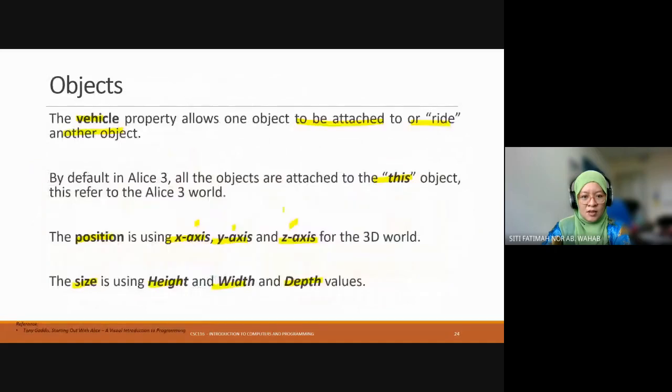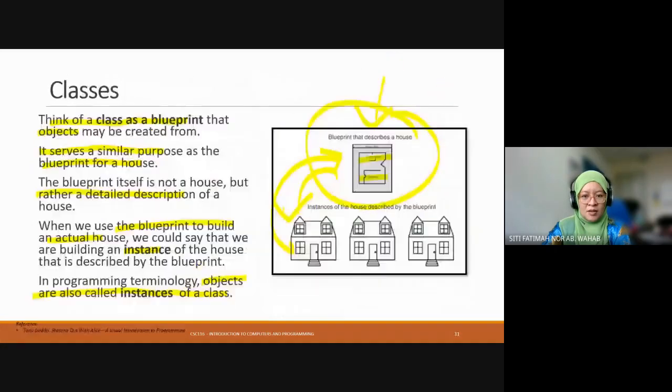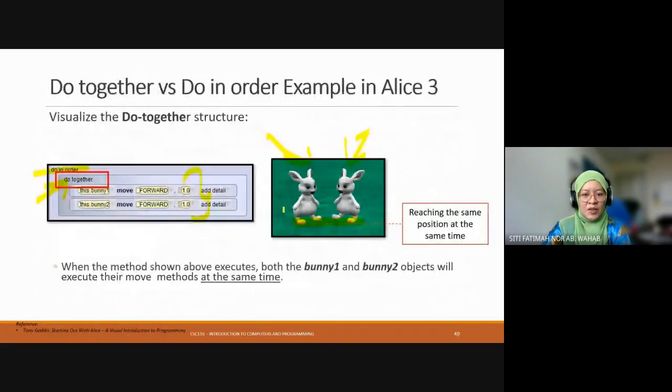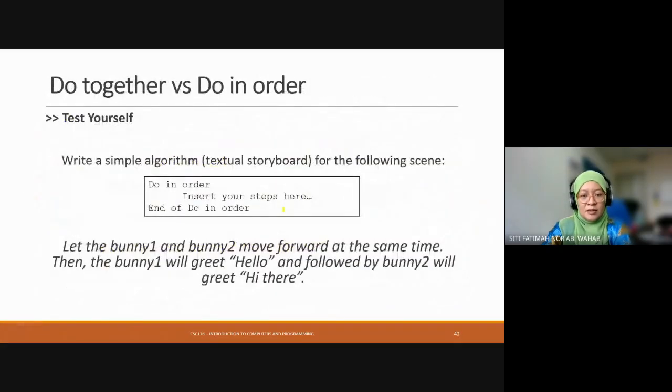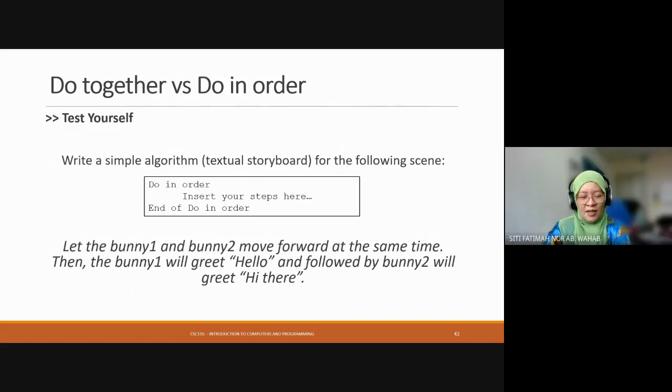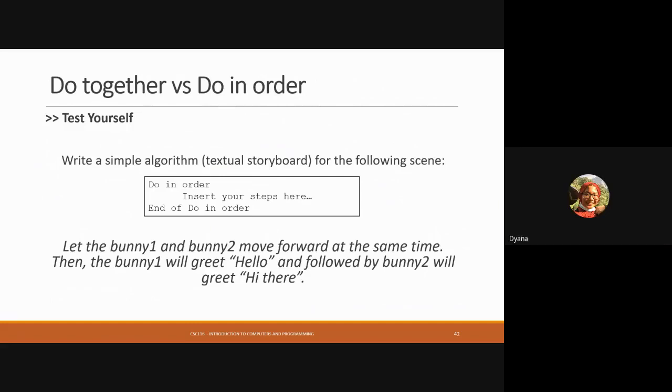Saya tak ingat nama contoh dia, tak apa. Ada yang lain? Madam, soalan. Ya, Diana. Do together tu tak payah tambah masa ke? Maksudnya nak biar dia orang jalan serentak tu. Nanti you akan setting. Tu dia kata tadi ada timing.